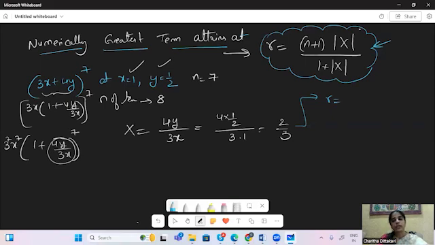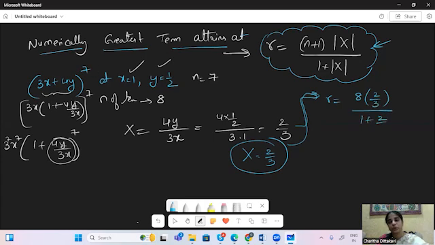So now let us go with what r is equal to. I just got the value of X, so my X value is 2 by 3. This is what I am going to replace in r. So at which term am I getting that? r is nothing but (n plus 1). What is our n? n is 7. In the sense n plus 1, that is 8 times mod 2 by 3 by (1 plus 2 by 3).